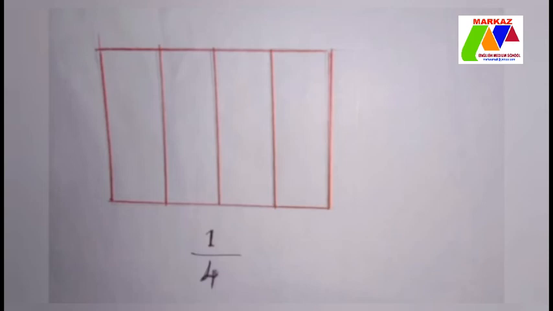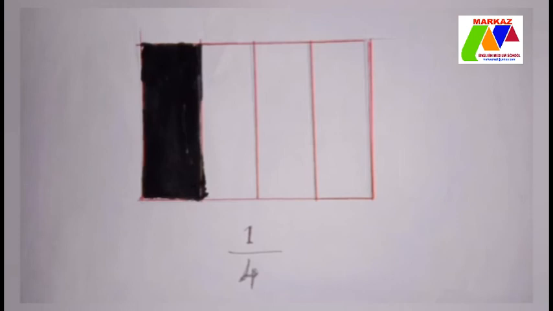In 1 by 4, the number 4 is the denominator. That shows the total number of parts. And the numerator 1 shows how many parts we are talking about. Here we need to shade one part out of 4 equal parts. That is 1 by 4.